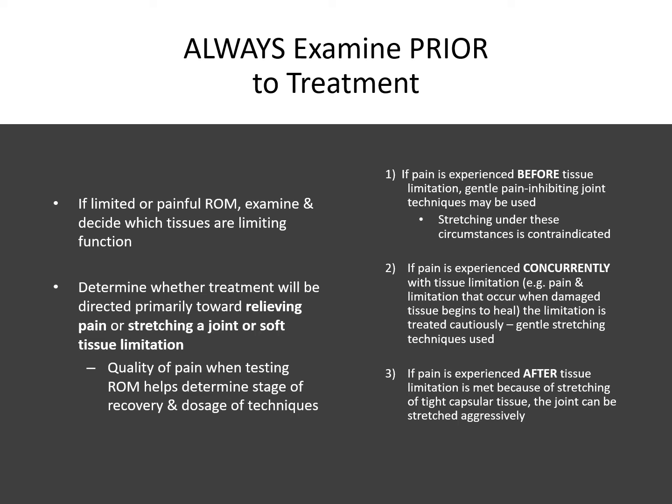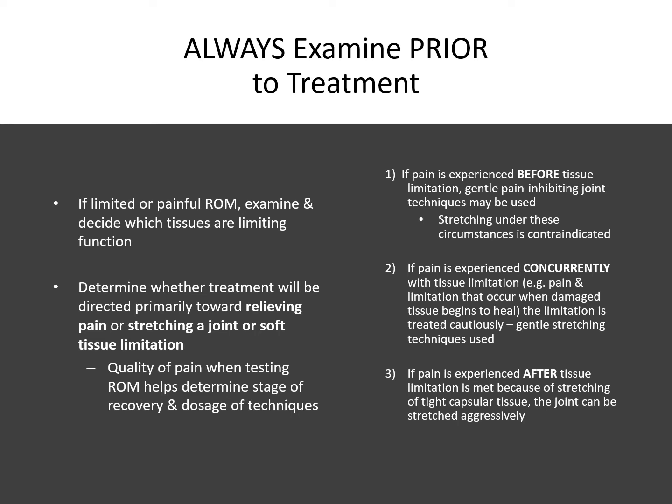But if it's a chronic case and pain is less and range of motion is more restricted, in those cases you can give grade 3 and grade 4, because here the priority is to increase range of motion. You need to decide whether you want to increase range of motion primarily or decrease pain primarily. According to that, your grades will change.